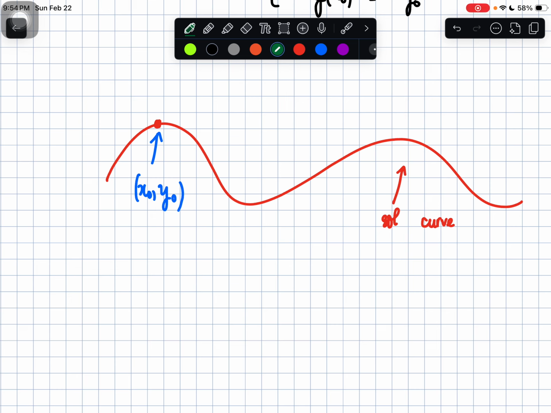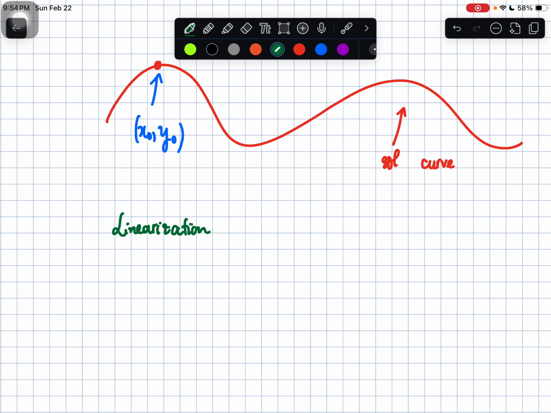We use linearization. So in calculus, we can even approximate better using Taylor's polynomials, but we only use that until degree 1.